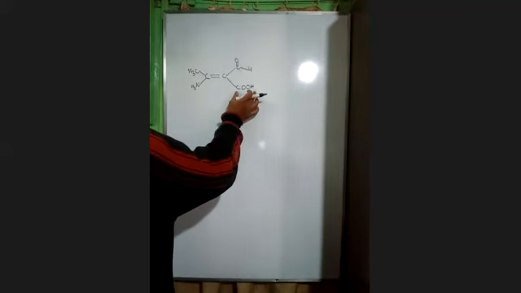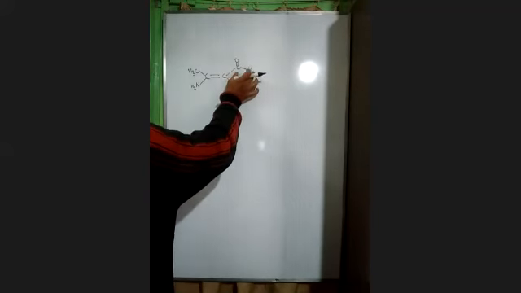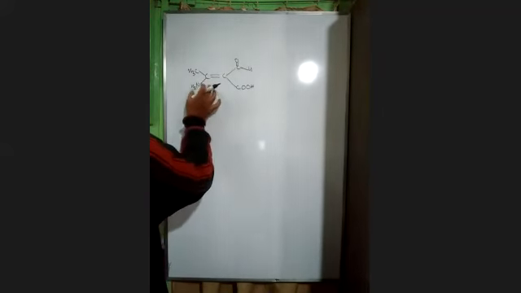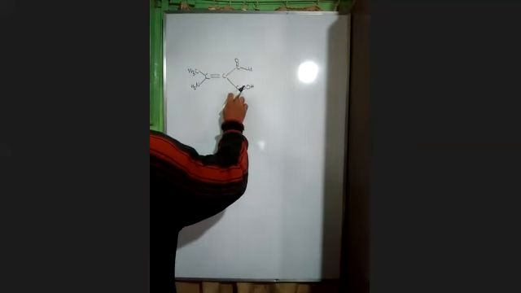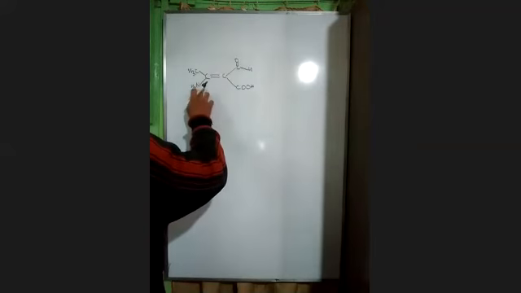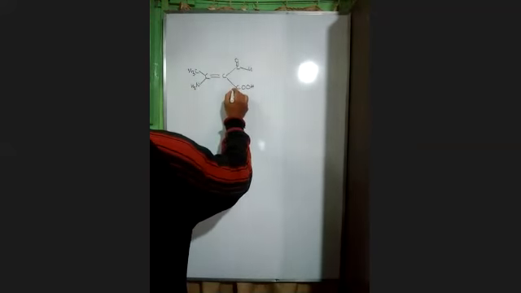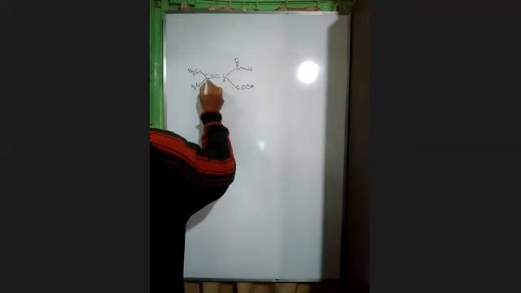Okay, see here. We know priority wise, carboxylic acid has the highest priority compared to this and this. So these two will be considered as substitutions. So it is 1, 2, 3, 4. So it is 1, 2, 3.